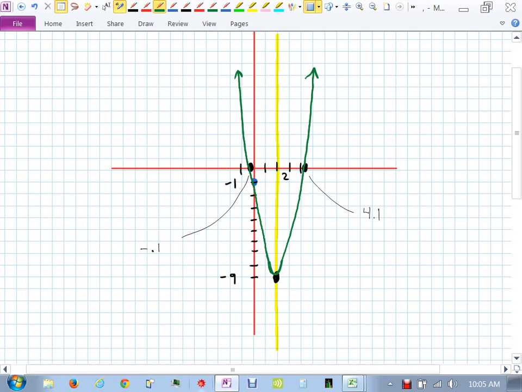All right. Now, I'd like to show you an application of quadratic functions, and then if there's any time left, we'll move on to new stuff. All right, so application.